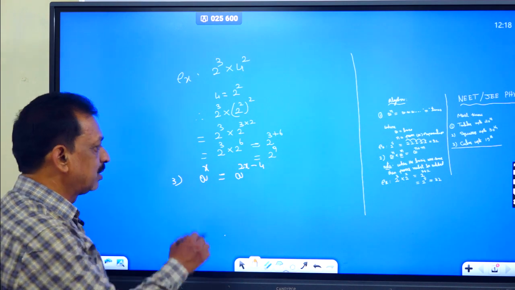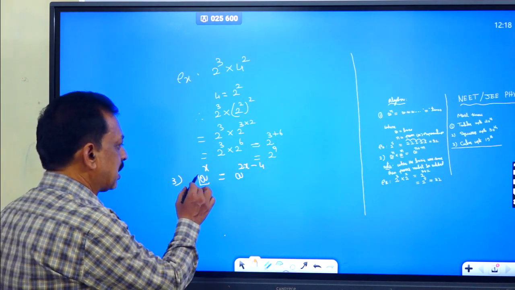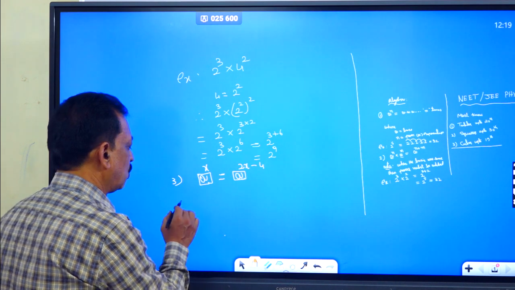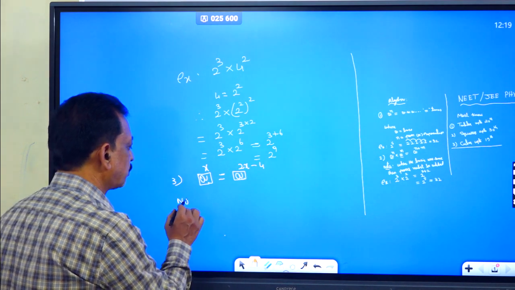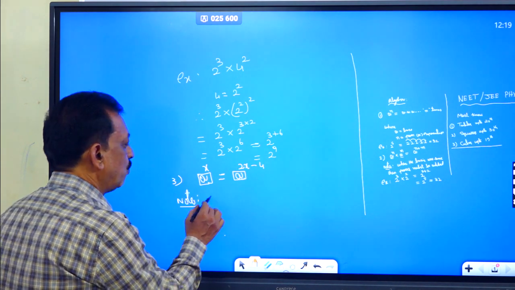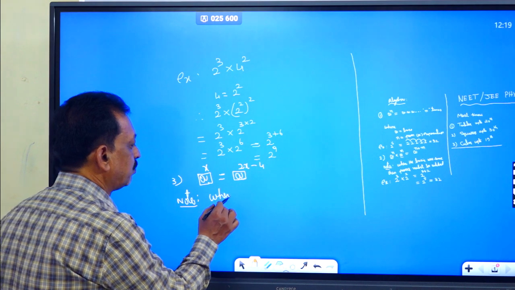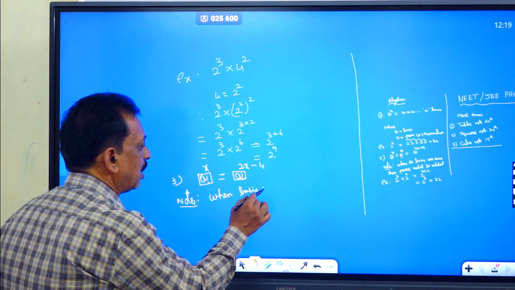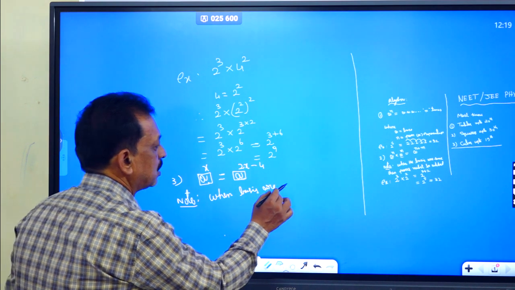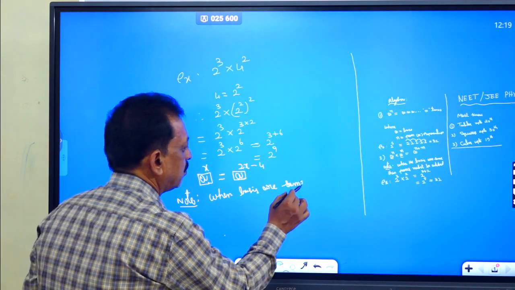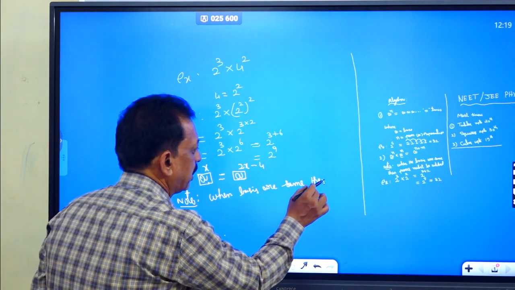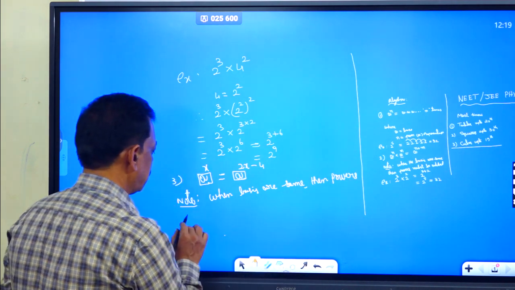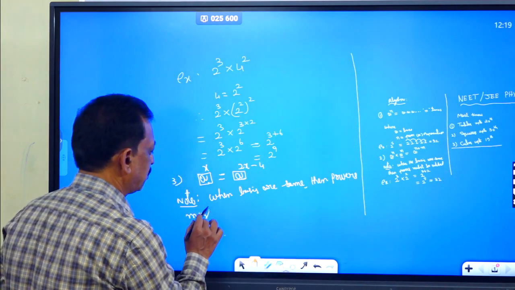In an equation, when the bases are the same, the powers must be equated. Write a note, all of you: when the bases are the same, then the powers must be equated.